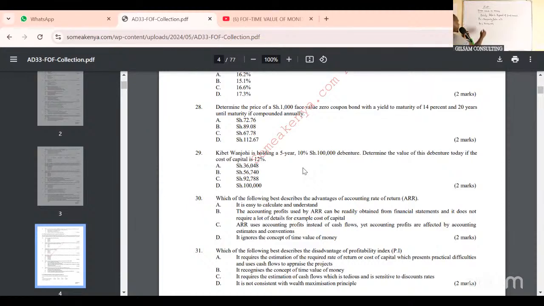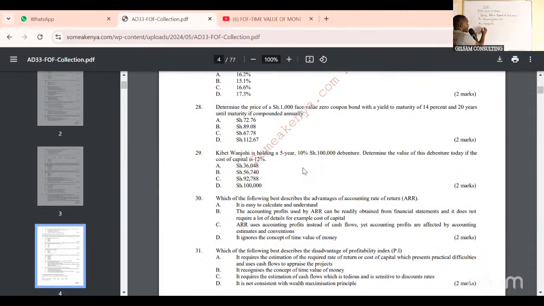Now let's break this down. Is it an annuity? They are going to pay the same 10,000 for 5 years. So let's see if it is an annuity or a lump sum.